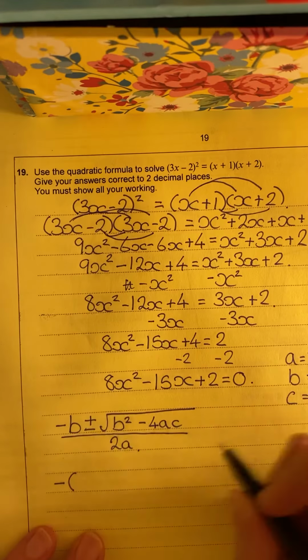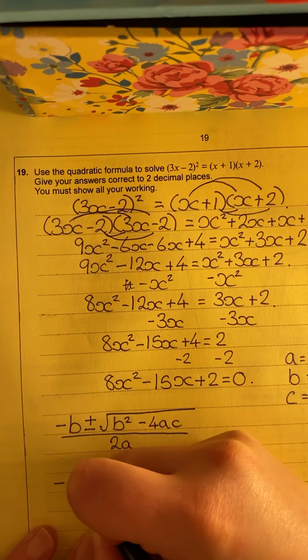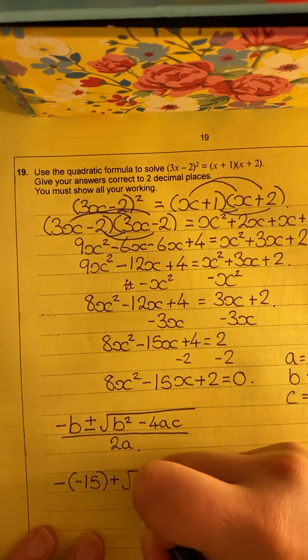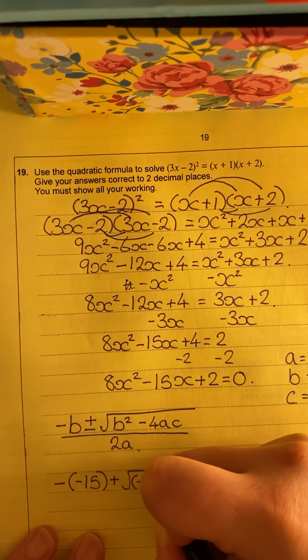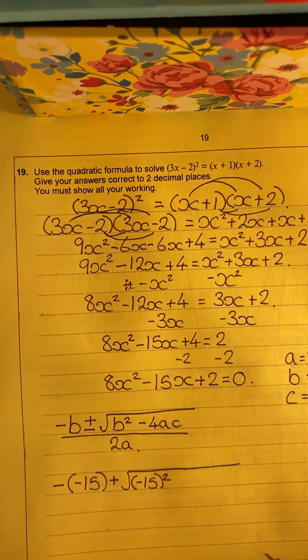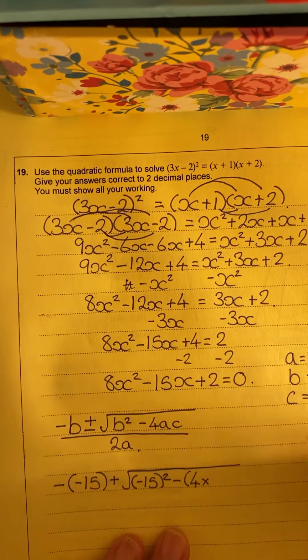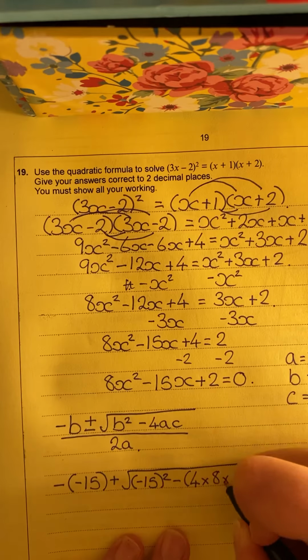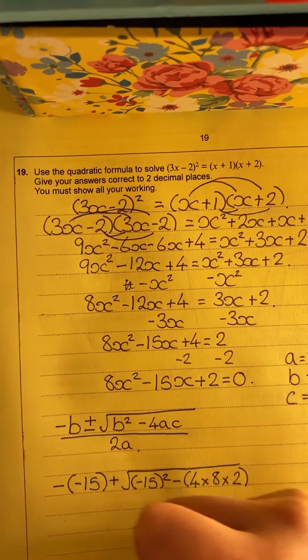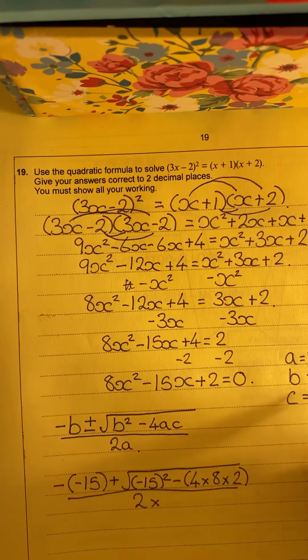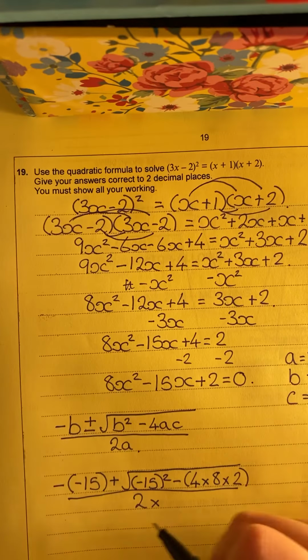So you've got minus of -15. And I'm going to do plus the square root of b², which is (-15)², minus 4 times by a, which is 8, times by c, which is 2, all over 2 multiplied by a, which is 8.